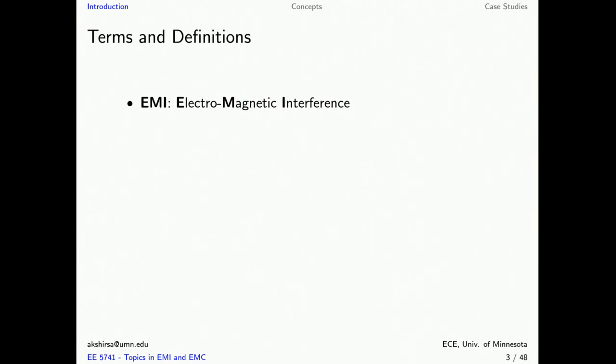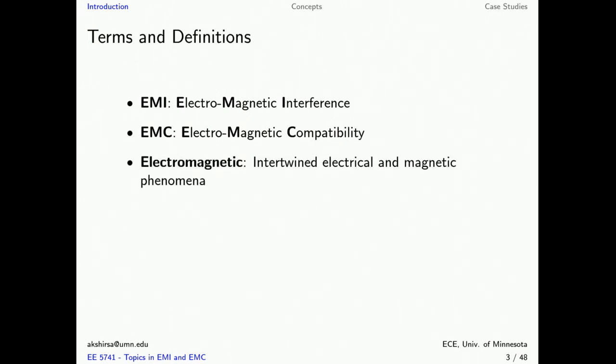First, let us look at some terms and definitions. The first term we come across is EMI, which is electromagnetic interference. The next term is EMC, which stands for electromagnetic compatibility. Now, first we need to look at the word electromagnetic.